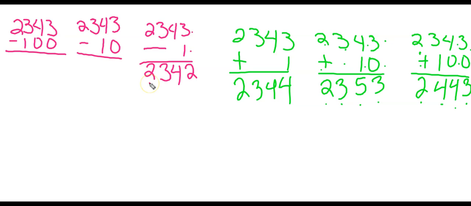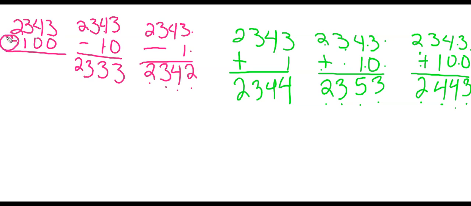It's 2,342. Okay, what's 10 less? Well, I need to subtract 10 from 2,343. So 3 minus 0 is 3. 4 minus 1 is 3. 3 minus 0 is 3. And then 2 minus 0 is 2. Okay, and then what's 100 less? Again, I have to subtract.